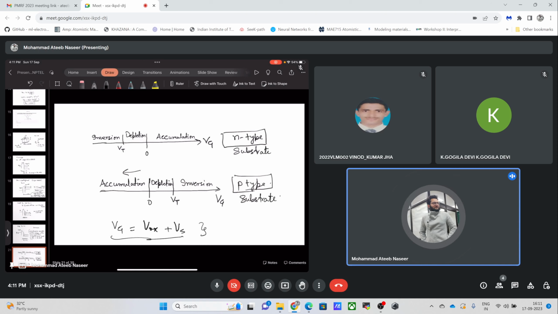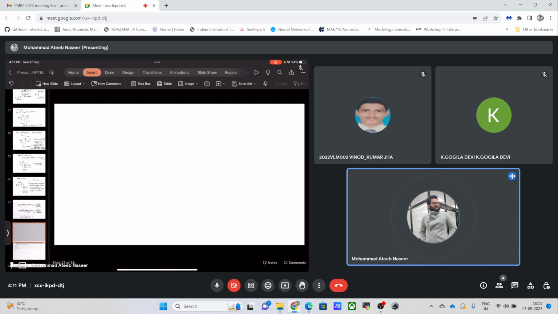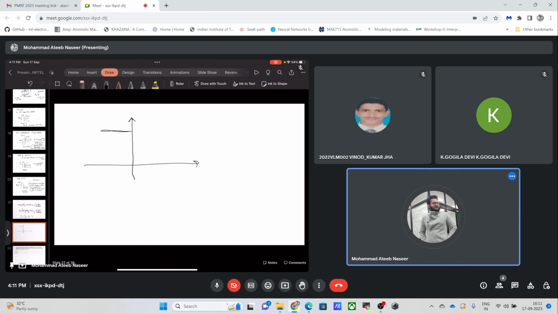This capacitance, you must have seen, has this kind of behavior. If I consider this p-type substrate, and let's focus on the p-type substrate mostly now, for this MOS cap you will be getting a CV curve like this, considering everything is ideal.